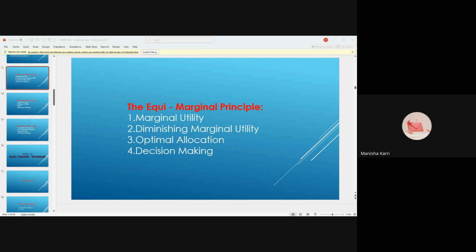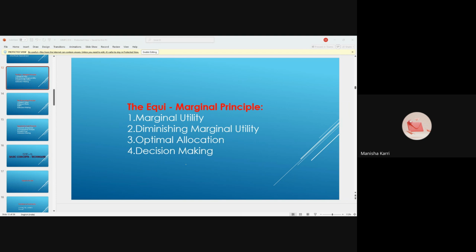You can see marginal utility. So what does marginal utility mean? It refers to the additional utility or satisfaction that a consumer derives from consuming one additional unit of a good or service. It is measured by the change in total utility when one more unit is consumed. That is nothing but marginal utility.